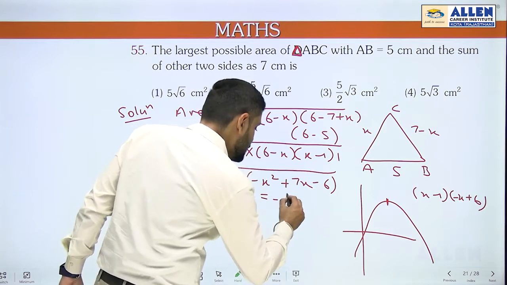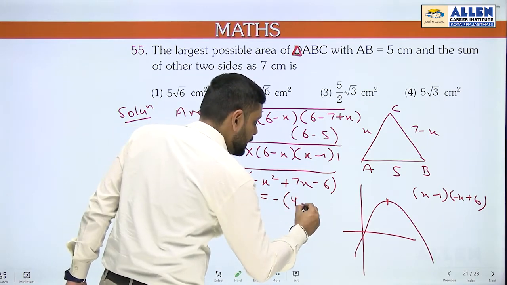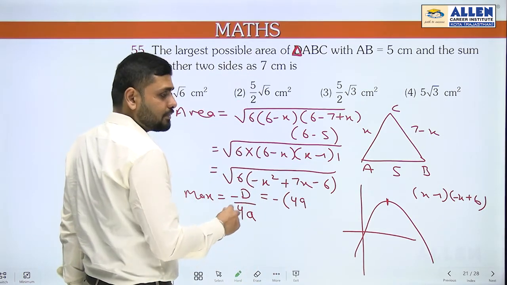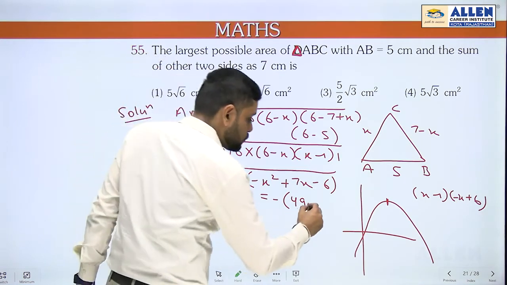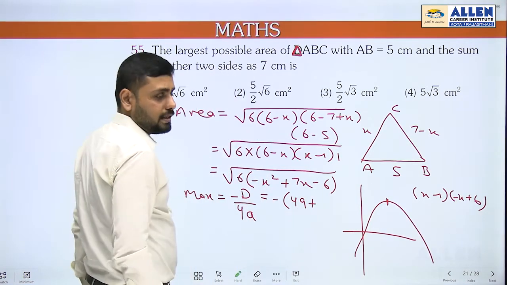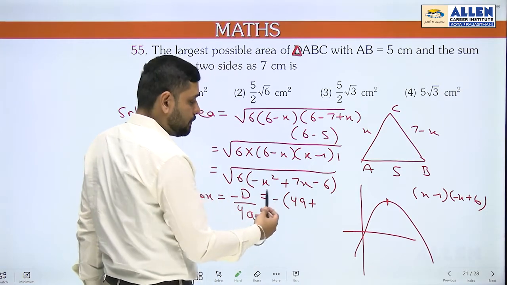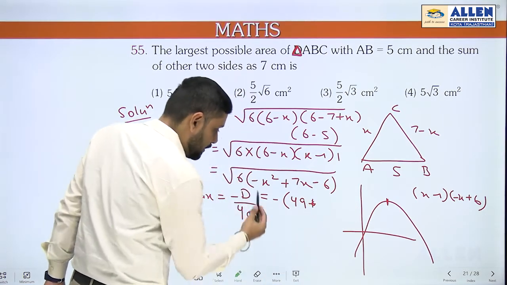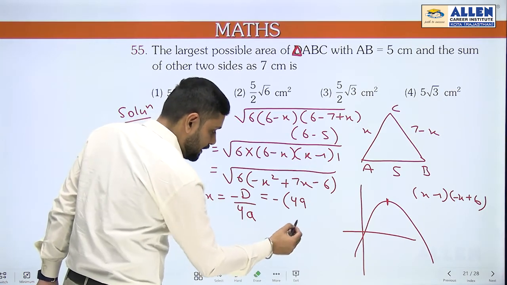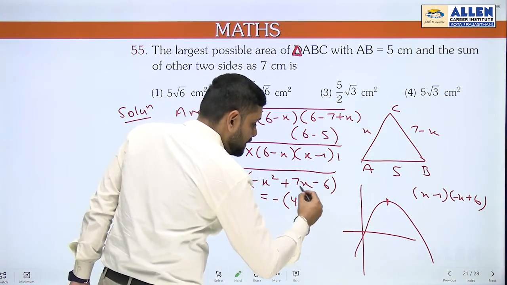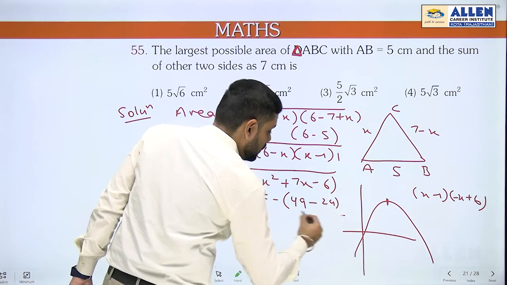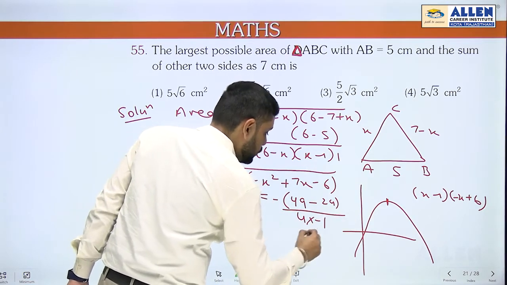So it will be minus d, where d is b square minus 4ac, that is 49, so it will be plus 4ac. Plus 4ac means plus 4, because minus minus becomes plus, and again there is minus, there are 3 minus signs, right? So it will become minus, and 4ac, that is 24, divided by 4a, that is 4 into minus 1.